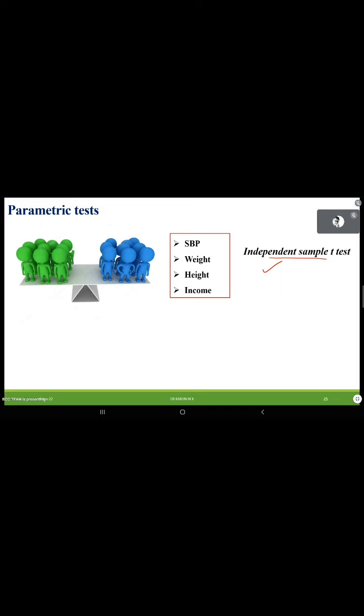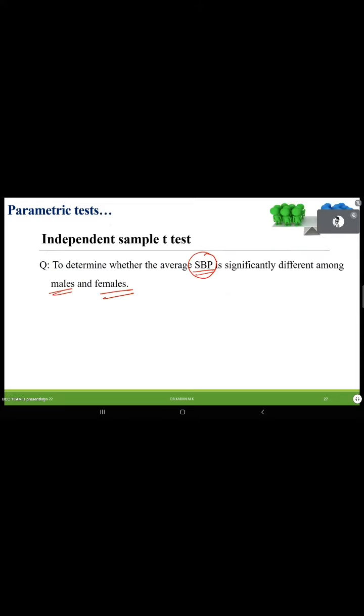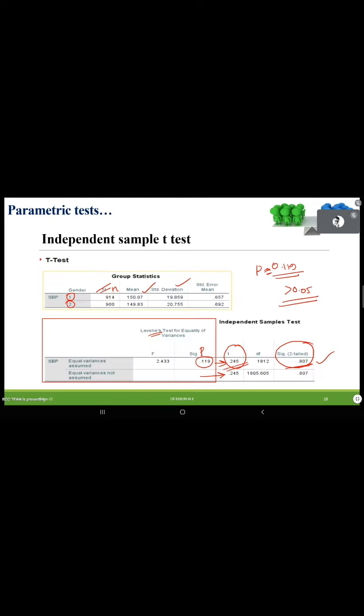It is used whenever you want to compare the average value of any quantitative variable between two independent groups. Now see, we compared the SBP between males and females. Suppose you have one more group, a third gender. If you want to compare the variable across the groups, you should go for the test known as one-way ANOVA.